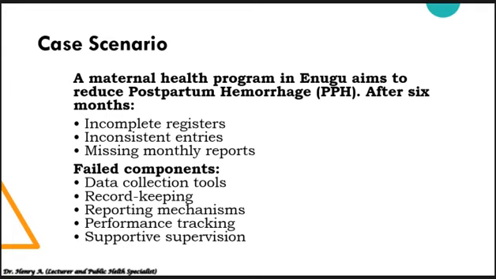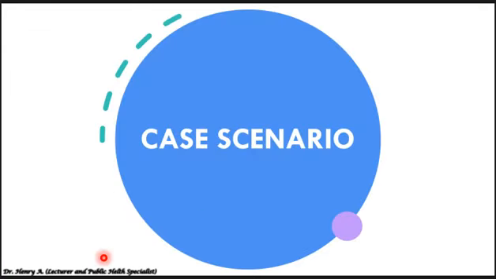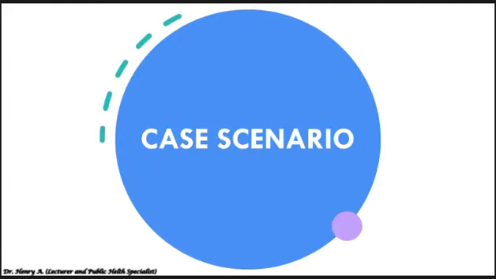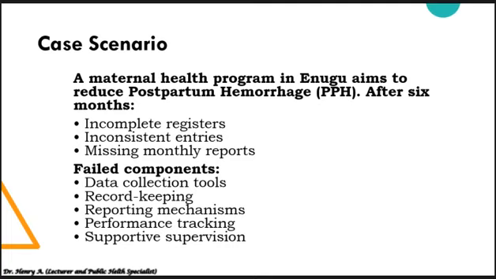So what part of these components actually failed? These components here: indicators, types, data sources, frequency, and so on. So what part of the indicators or component failed? Now, the data collection tools, the record keeping, that failed.